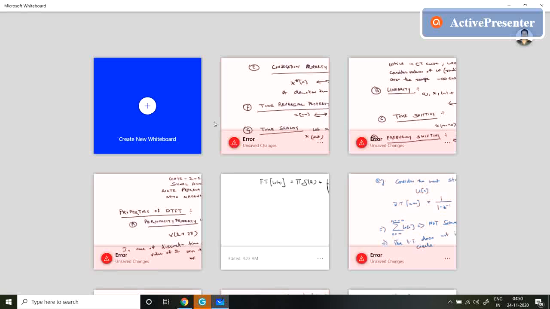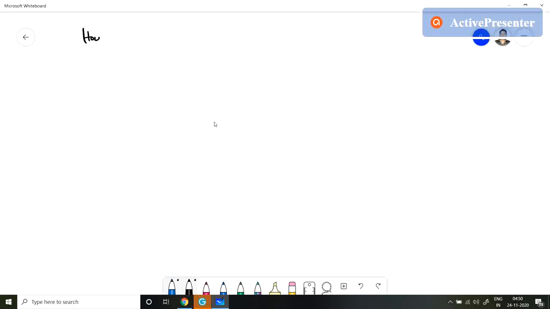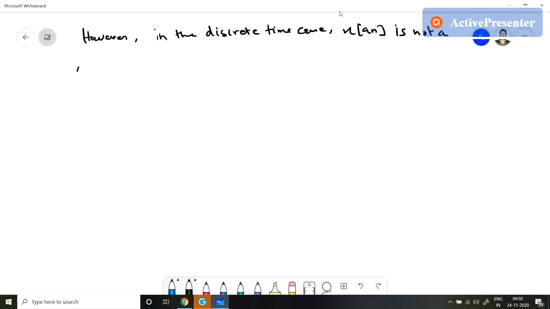Now if we consider, however, the discrete time case, x(an) is not a sequence if a is not an integer.